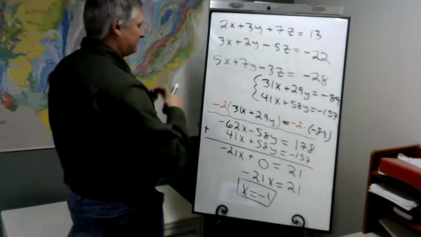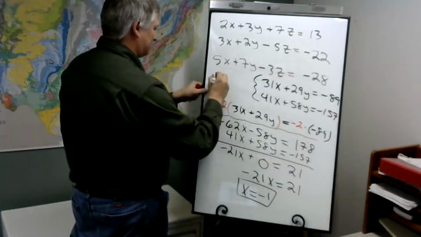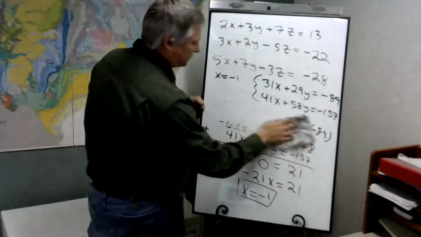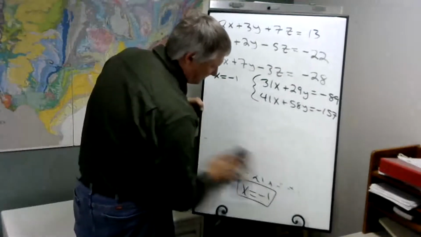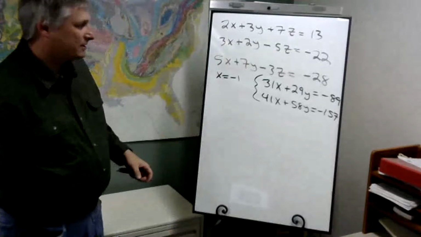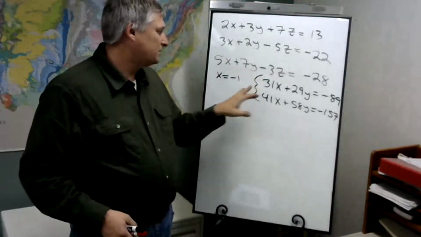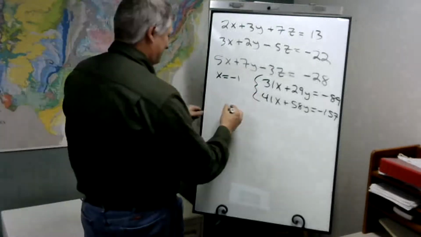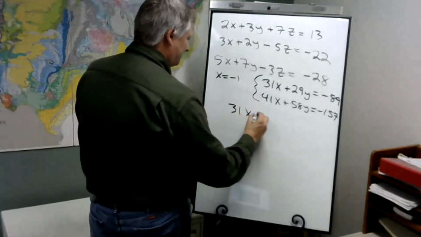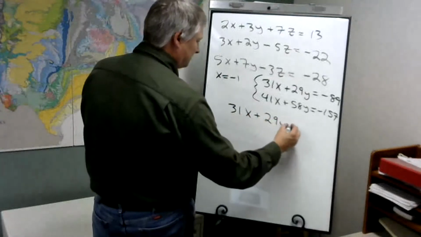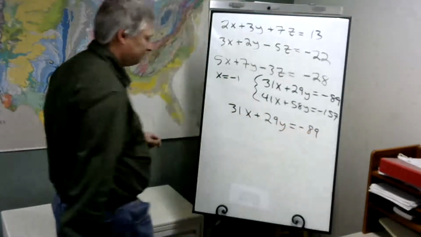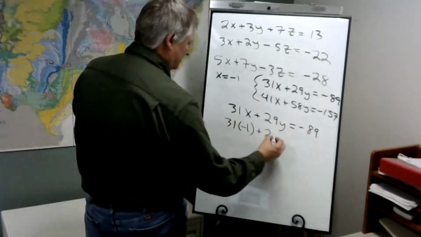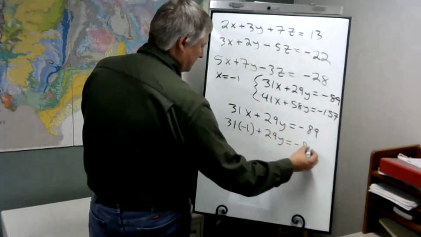Put that over here. Still working with this two-variable system, we could take one of these equations, substitute -1 for x, and then solve for y. Let's go with the top one. So 31 times -1 plus 29y is -89.